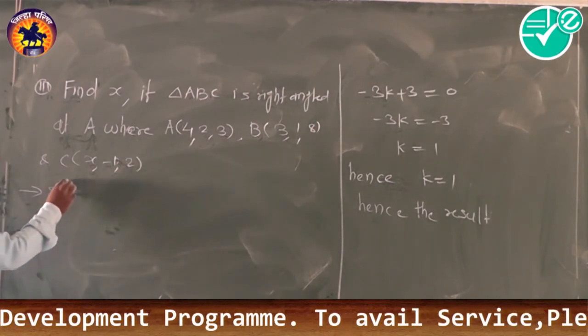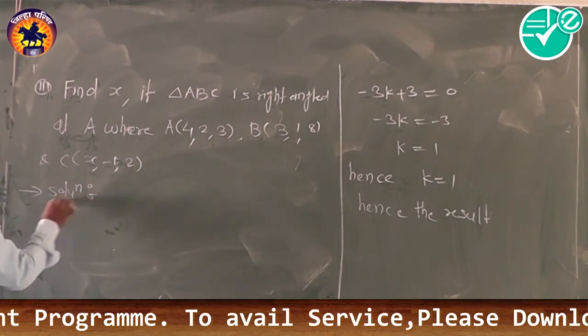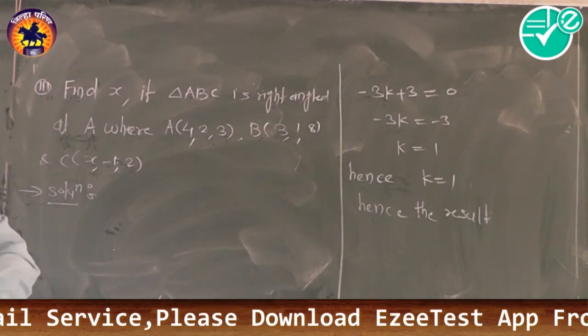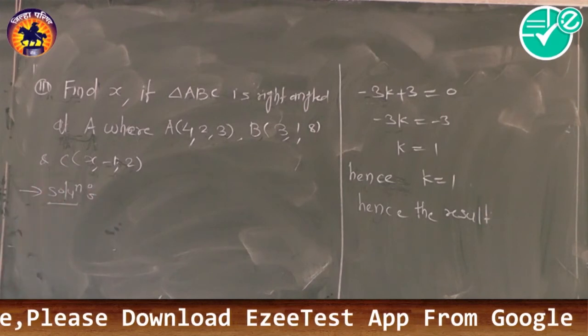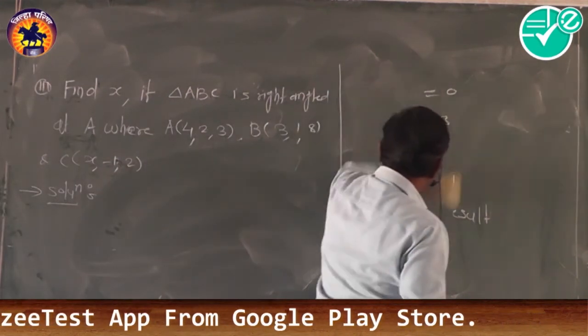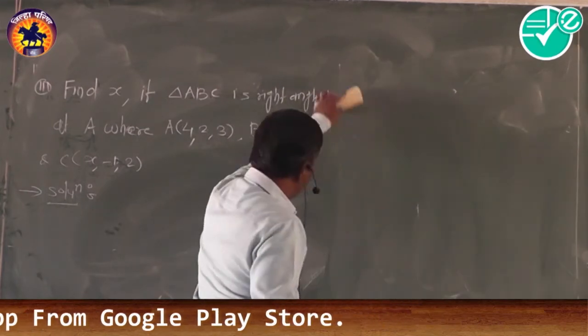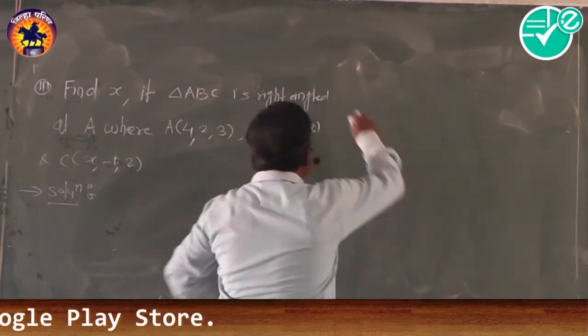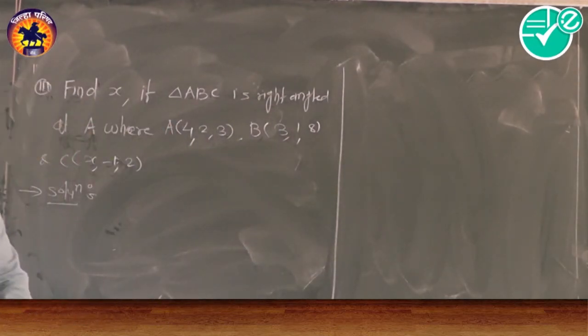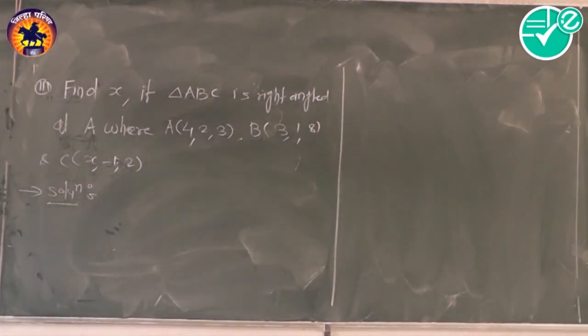Now this is also an important example. What is the difference between the first example and this example? Here also there is a right angle. The difference is that in the first example the vertex B is the right angle, here the vertex A is the right angle.